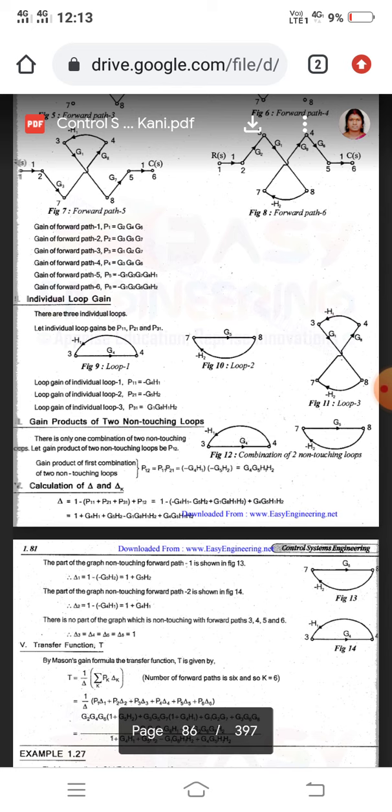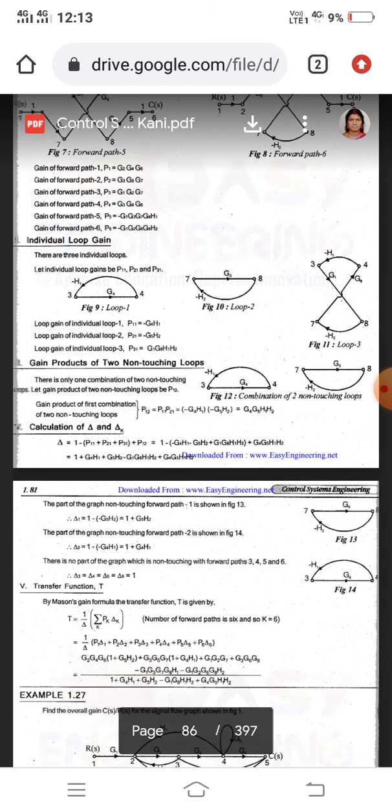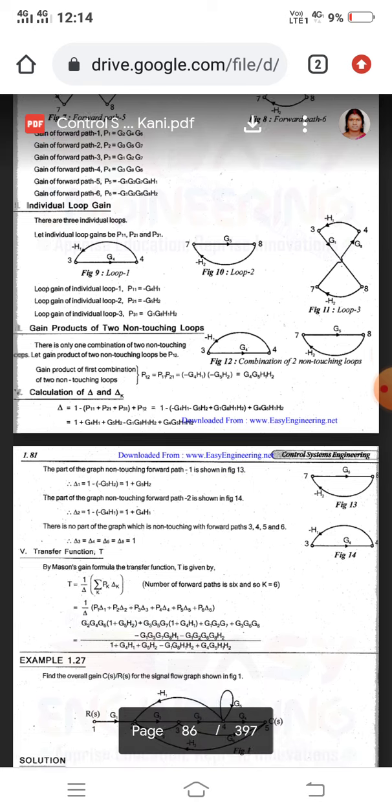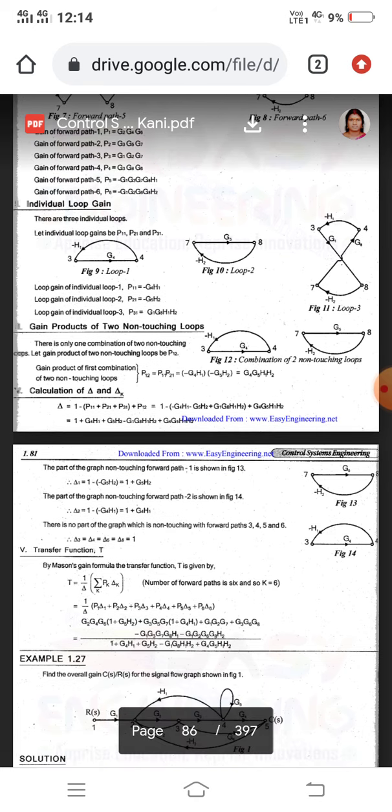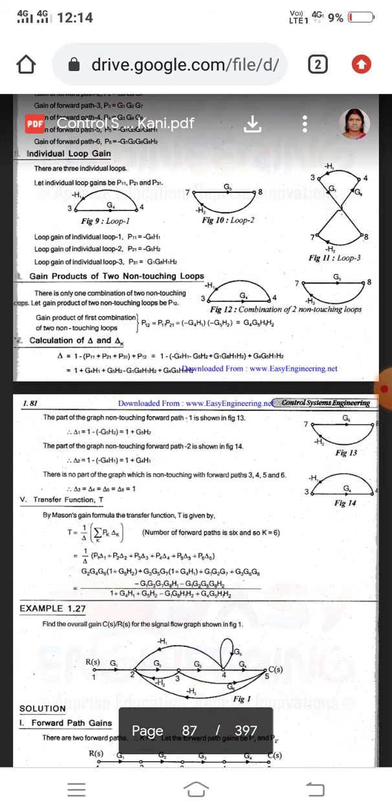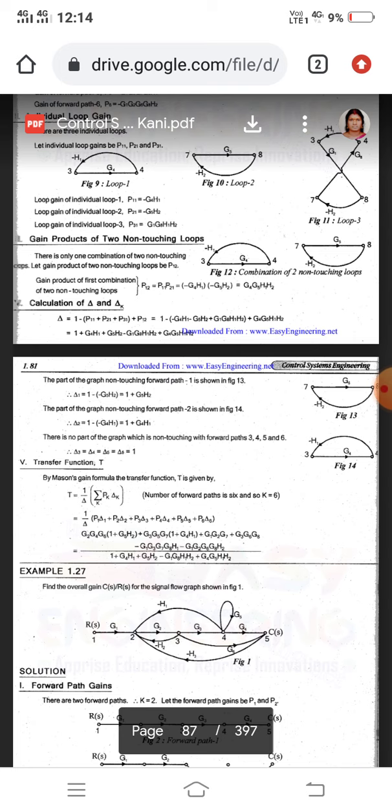So let's go with the calculation of del and del k. Del is 1 minus the sum of individual loop gains plus the gain product of two non-touching loops. According to what we found earlier, 1 plus G1 H1 plus G5 H2 minus G1 G2 H1 H2 plus G1 G5 H1 H2. This is the del value.